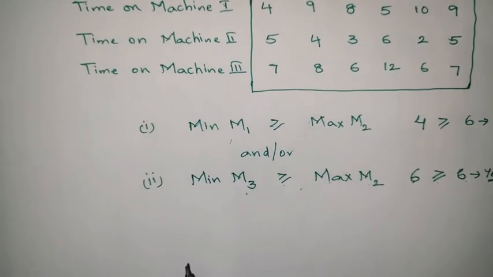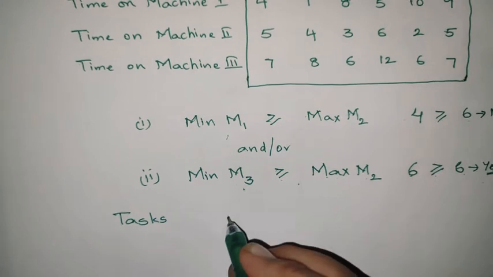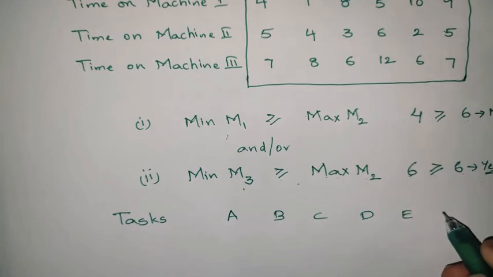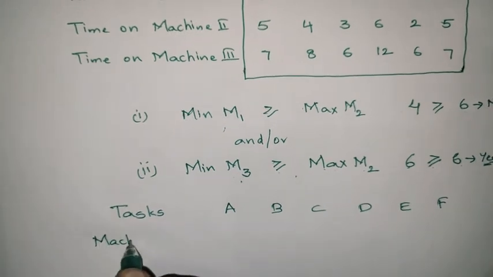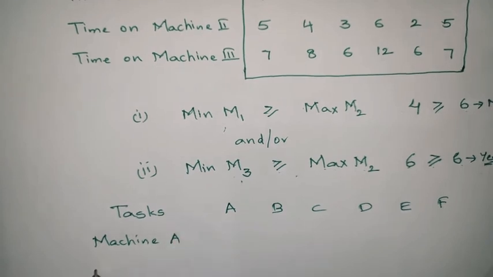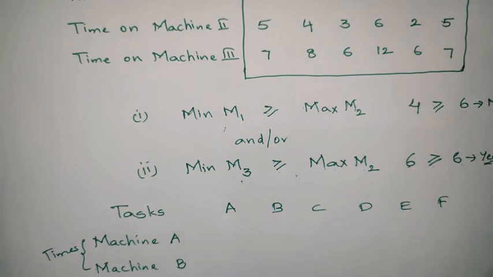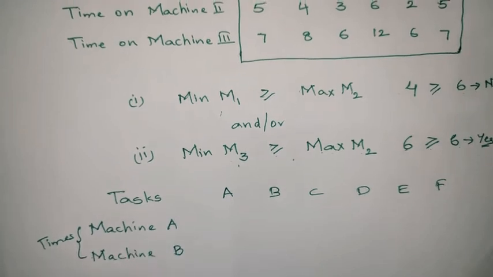That is tasks, and the tasks are A, B, C, D, E, F. And now I am going to take two machines, machine A and next machine B. Now I am going to find the times on both machines. So how do we find the process times of machine A and machine B?